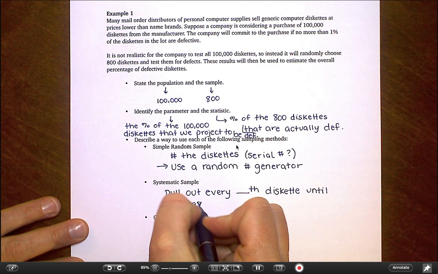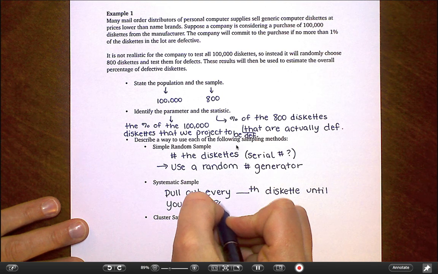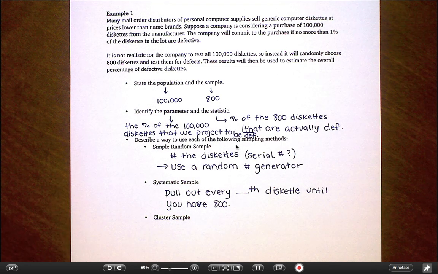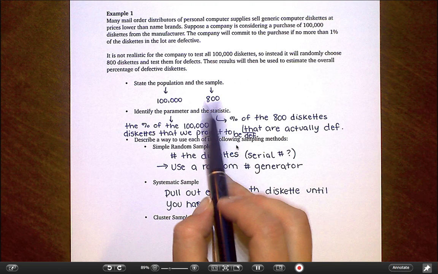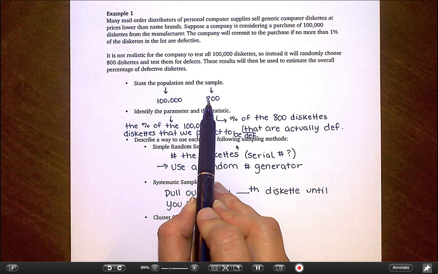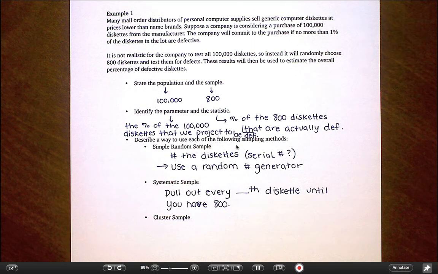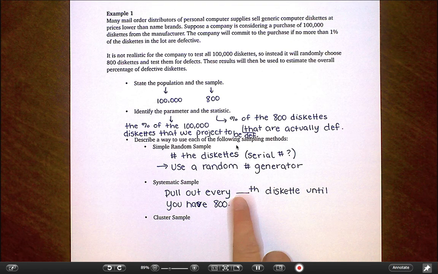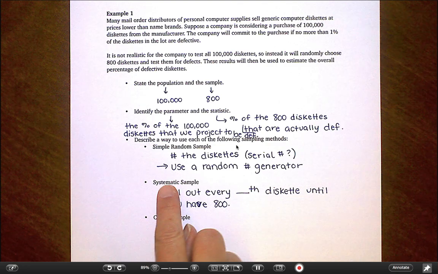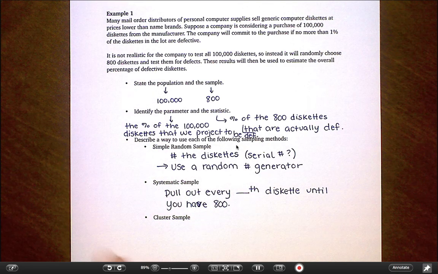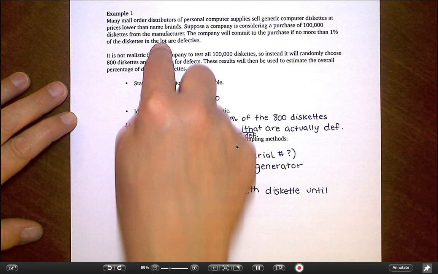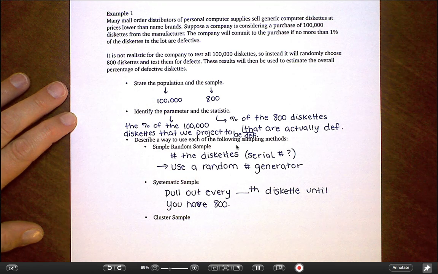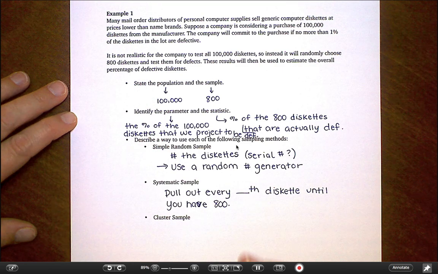Maybe it's every 100th diskette until you reach 800 total. We'd have to do some division here to figure out how many 800s go into that 100,000. That's where I was kind of jumping over that. I don't care so much about you taking the time to calculate that number, as long as you know that a systematic sample is going through the boxes and counting through 100 of them and then saying, I'm going to pull that one, and then counting through another 100 and then saying, I'm going to pull that one.